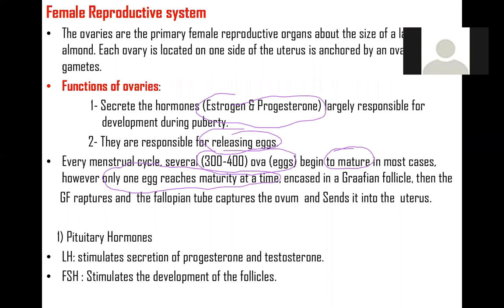Pay attention. When the fertilized egg divides, I will make a small drawing on the slide, because the chromosomes are exactly the same. So when you have one egg, and this egg gets fertilized with a sperm, one single sperm.